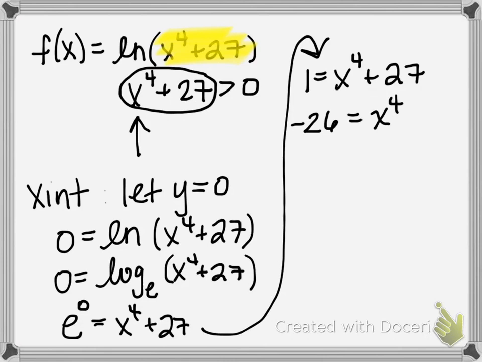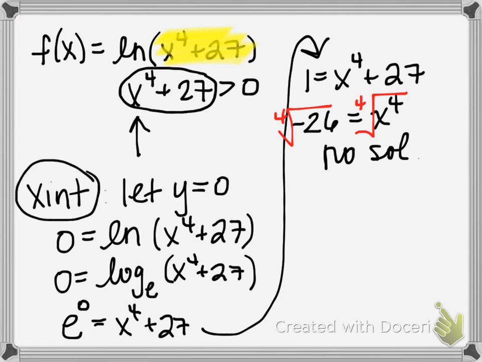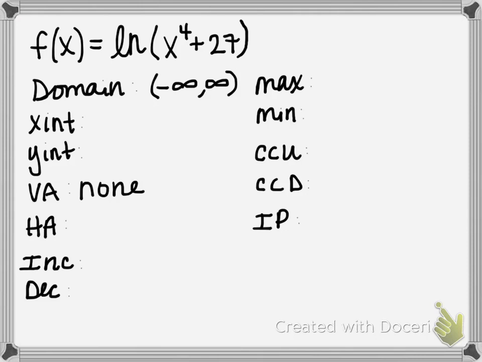But we'll quickly realize that when we go to take the fourth root of both sides, we're not going to be able to do that because we'll end up with some imaginary numbers, not real numbers. So that tells you basically there's no solution to this equation, which means over here back to the x-intercepts, there are none. So we know that there are not going to be any x-intercepts. The curve is not going to cross the x-axis.